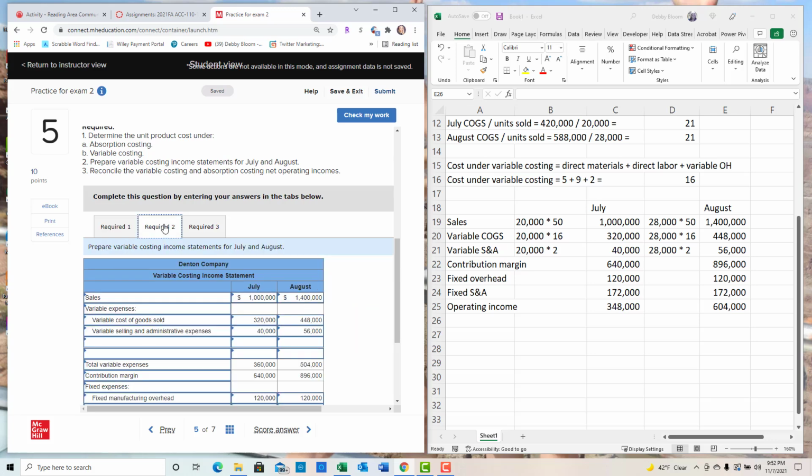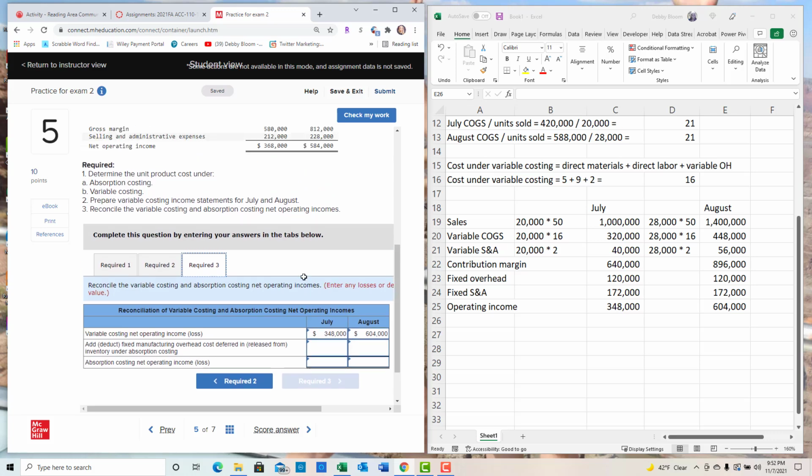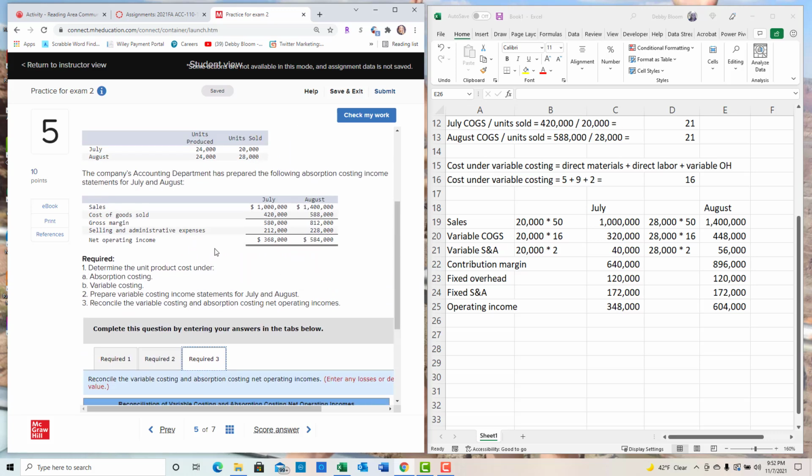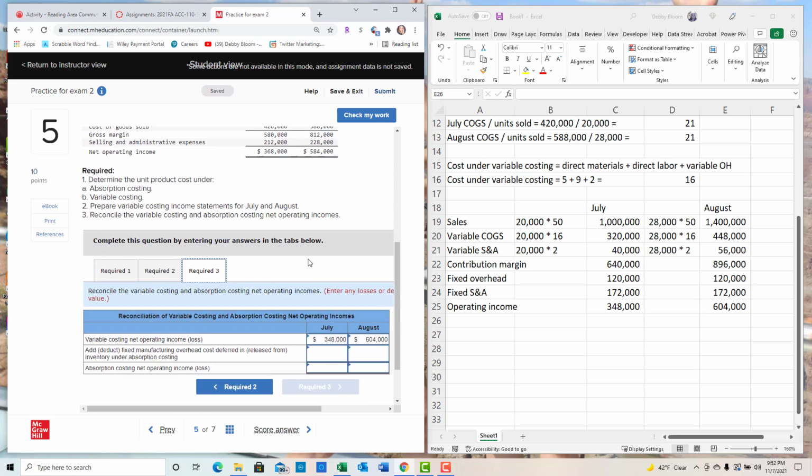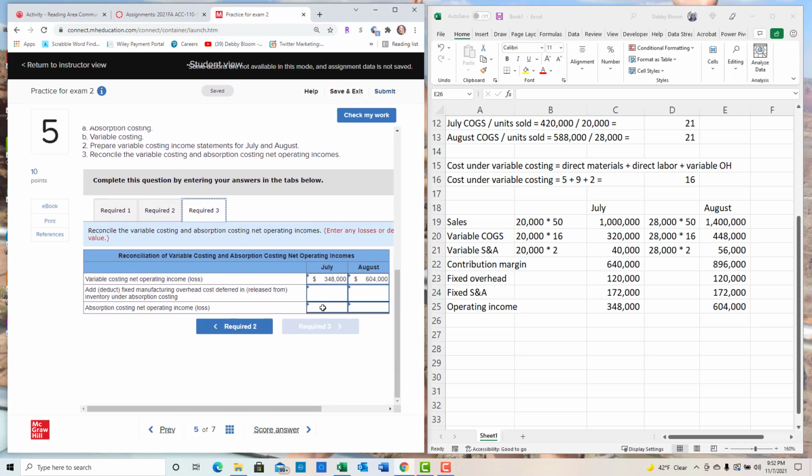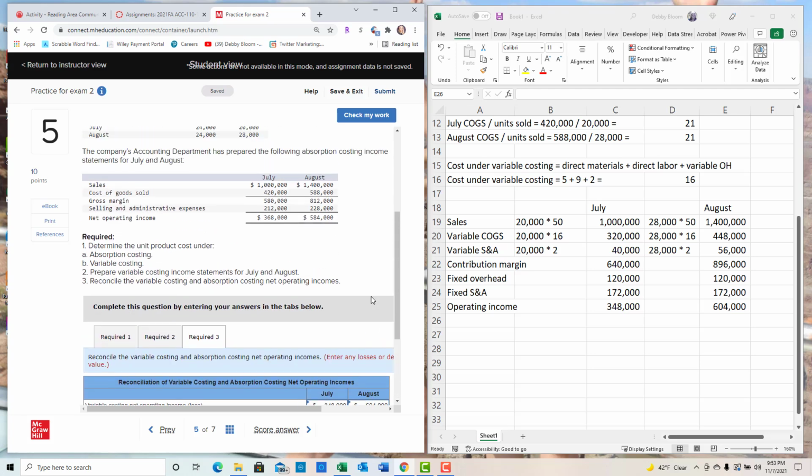We can see from above that it's 368,000 and 584,000. So really, all you have to do is calculate the difference between the two. For July, the difference is going to be 20,000. Our absorption costing net income is 20,000 higher, and in August it's going to be 20,000 lower.